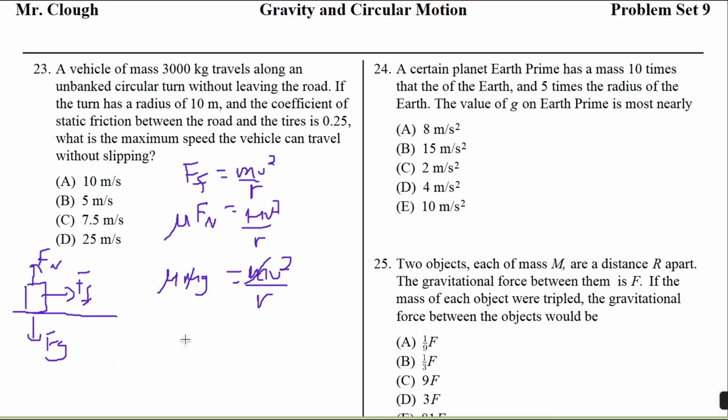So if I want the maximum speed, I'm essentially going to solve this equation. v is the square root of mu gr, which in this case would be the square root of 0.25 times 10 times the radius, which is going to be another 10. Plugging all that in, we end up getting 5.